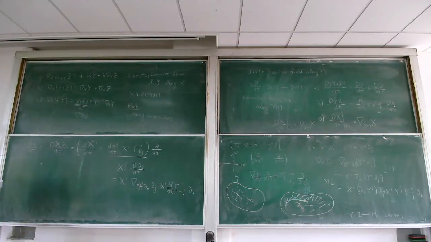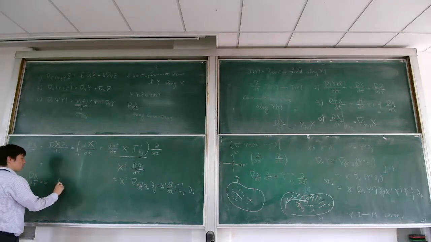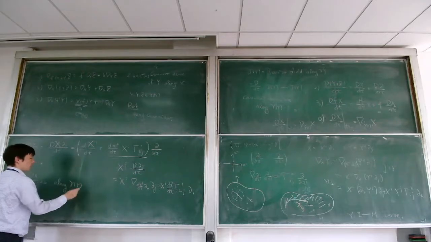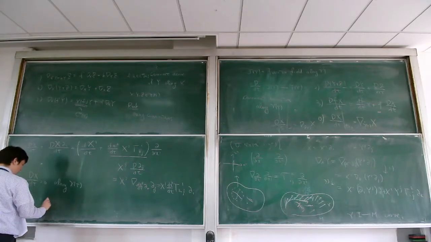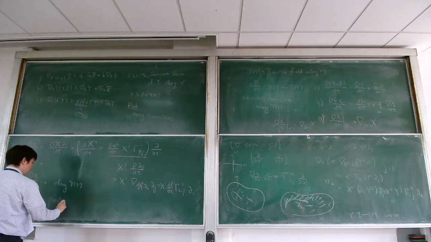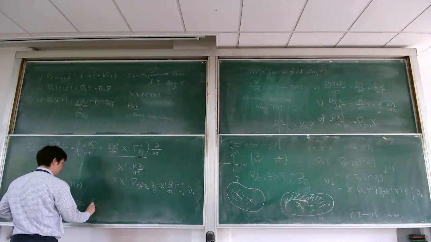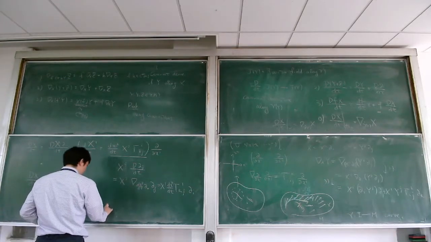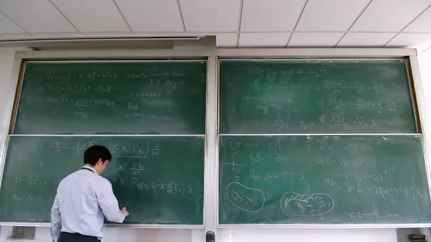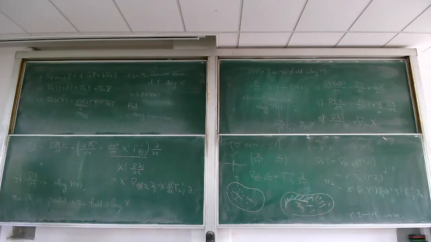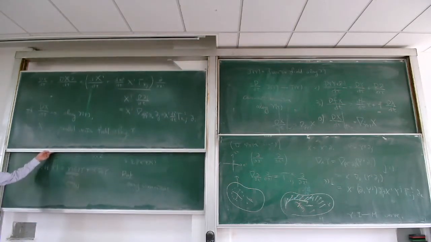In particular, if some vector field X satisfies the condition that this vanishes along gamma(t), for any t, then X is called a parallel vector field along gamma.